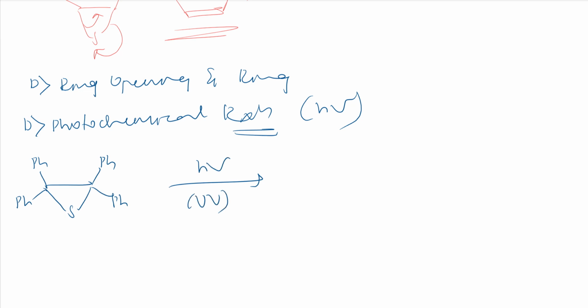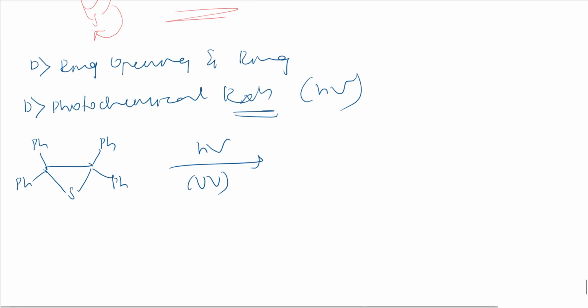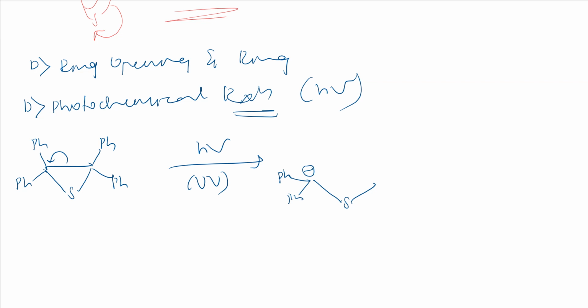So what happened, you can remember, they never gave you any mechanism in the book, but for understanding purposes you split it like this. So I'll get this: sulfur, Ph is there, Ph is there, negative charge that will be stabilized by the Ph pi electrons, and here carbon gets positive charge and that will be stabilized by the pi electrons of this Ph, right?